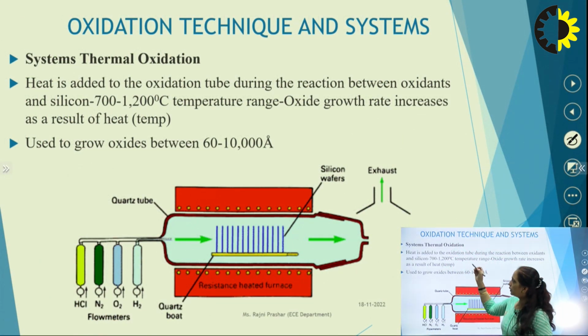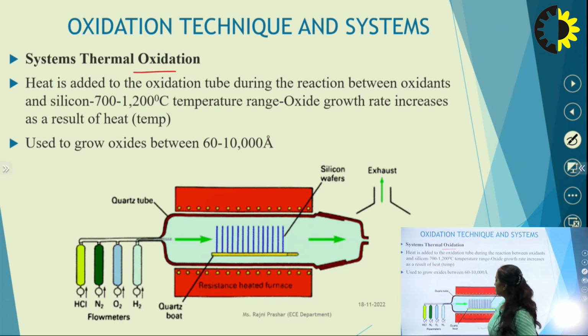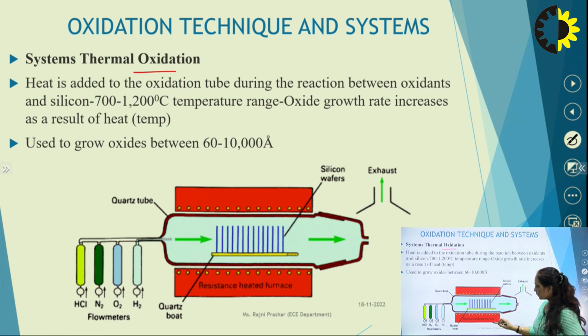So the very first system under this thermal oxidation is the furnace. We have this horizontal furnace where your wafers are placed vertically. Okay, so this is the example of your horizontal furnace or chamber or reactor.